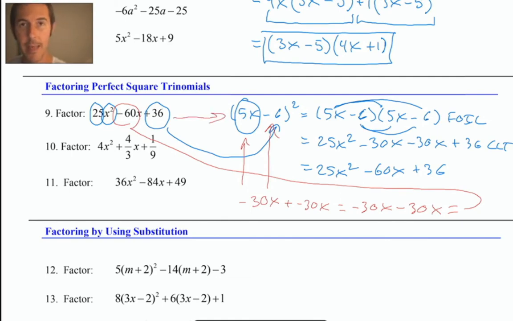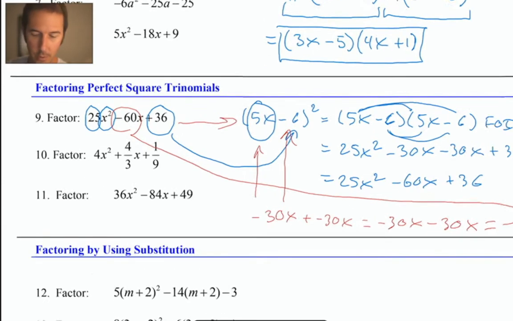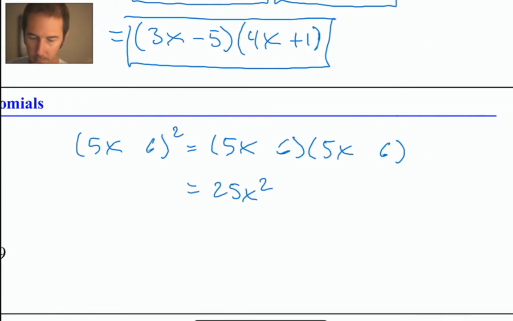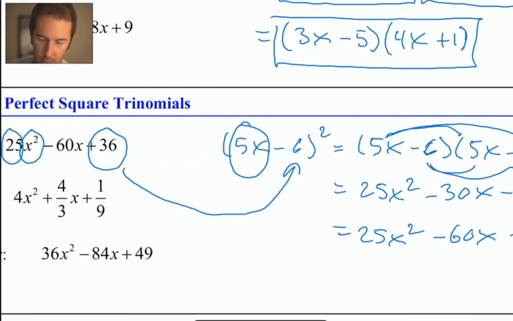How do you think I got that so fast? I took the square root of 25x squared and got 5x. I took the square root of 36 and got 6. Then I took this minus sign that's here, and I dropped it in between them, and I put a square on it.